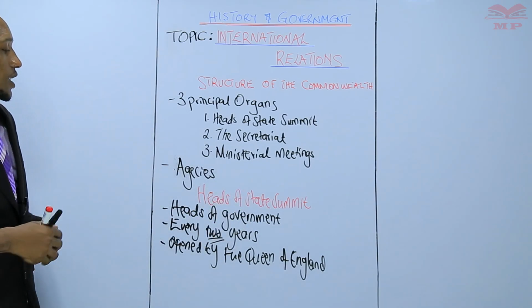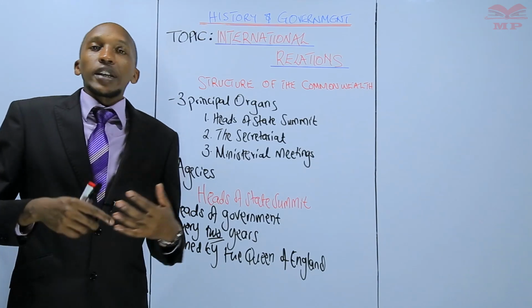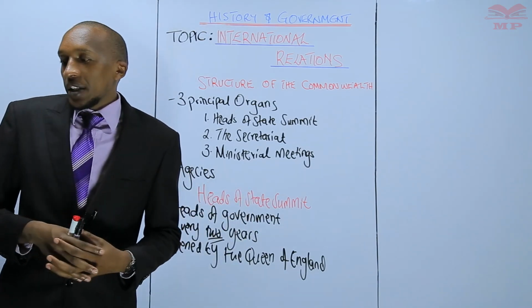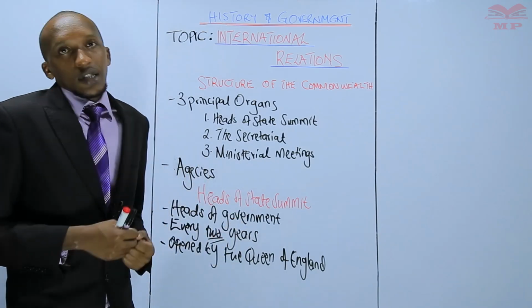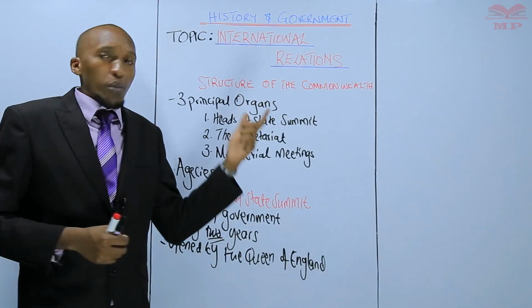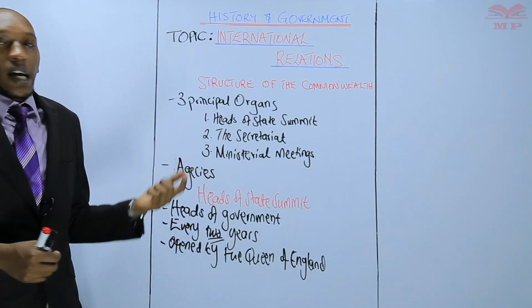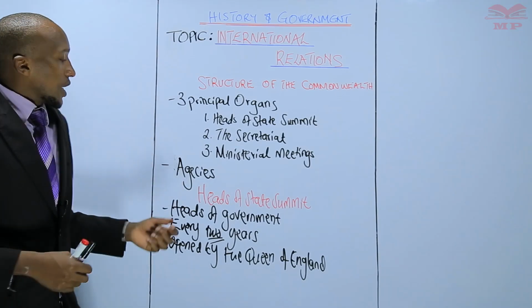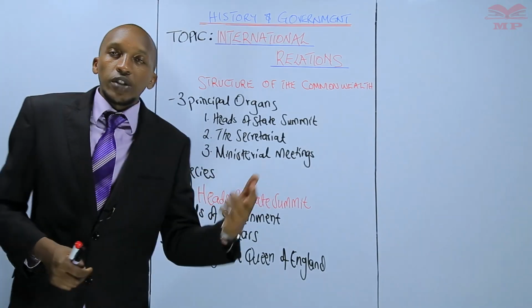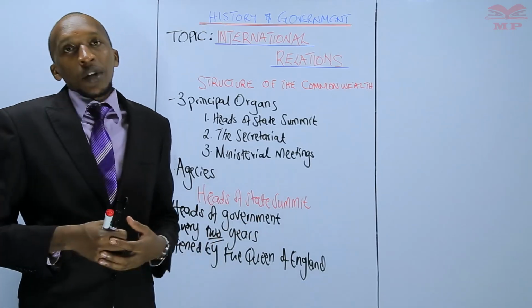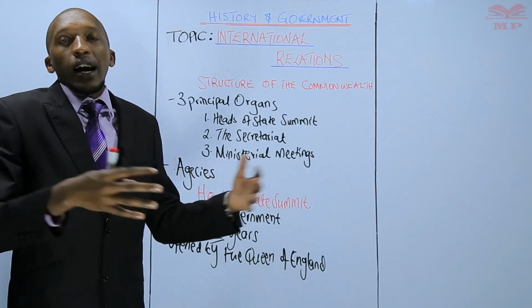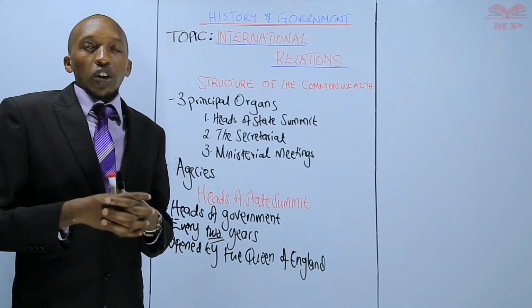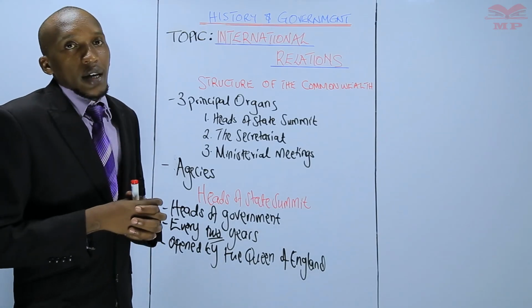Its functions are to discuss and frame policies that run the Commonwealth. So any policy concerning the Commonwealth countries is created by the heads of state summit. They come together to form different policies to manage their affairs as members of the Commonwealth organization.